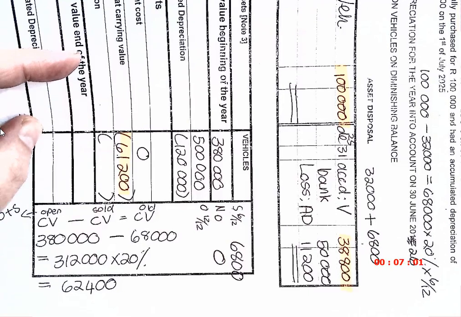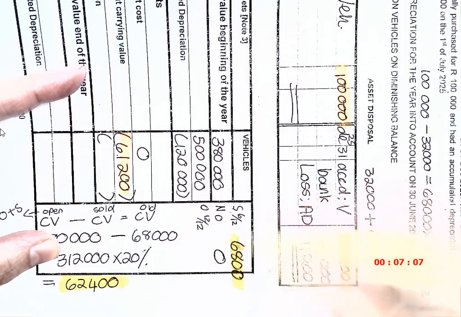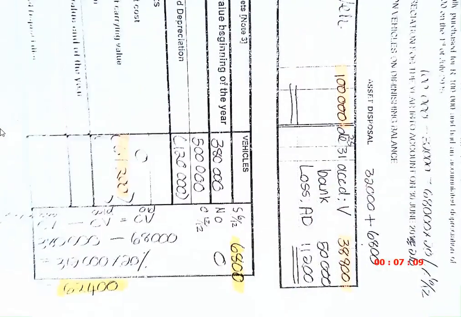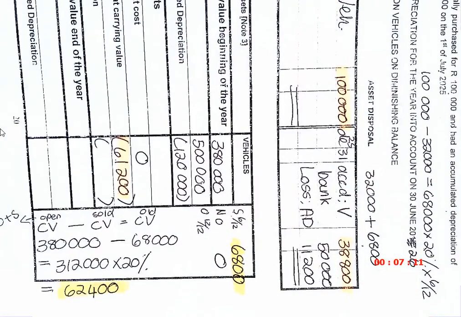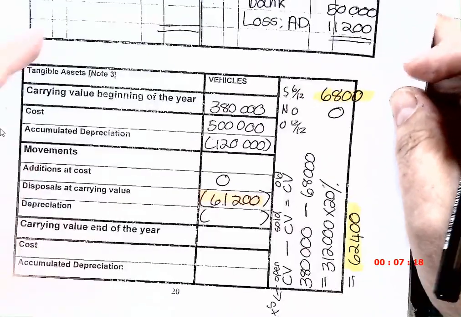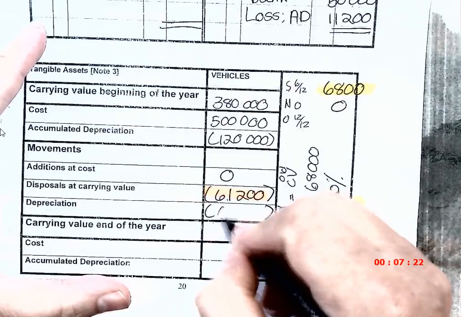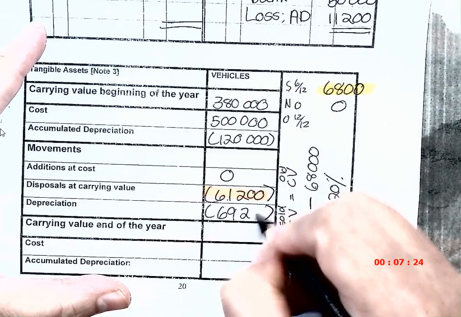I must now remember I need to add the 6.8 to get the depreciation. You see? So my depreciation is going to be 69,200. Yes. Everybody happy?